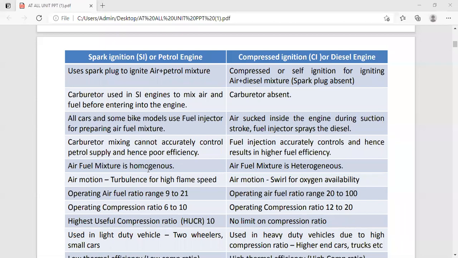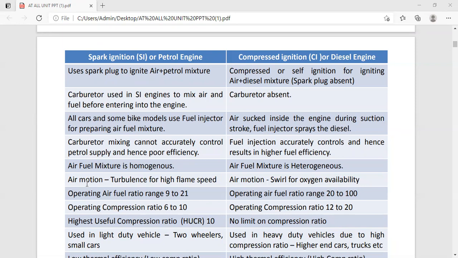Next point: the air fuel mixture is homogeneous in the SI engine, because the carburetor prepares the mixture. But in the CI engine, the air fuel mixture is heterogeneous, because of the spray pattern inside the suction chamber; as per that spray, a heterogeneous mixture is created.